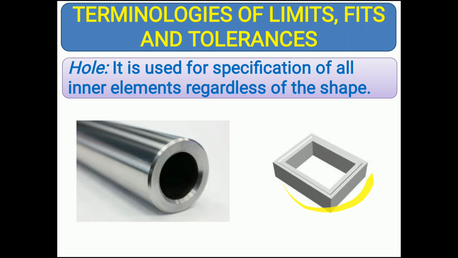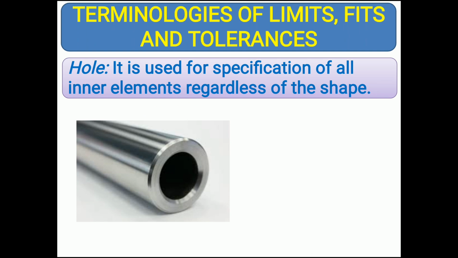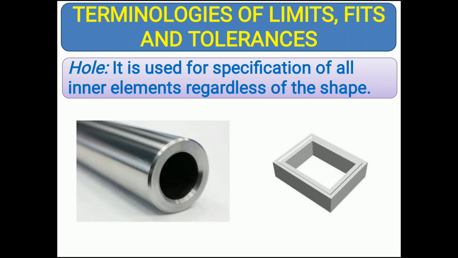Irrespective of the shape, it may be of any shape. Here I have just shown two shapes, circular and rectangular, but it may be some other shape. Hole is used for specification of all inner elements regardless of the shape.